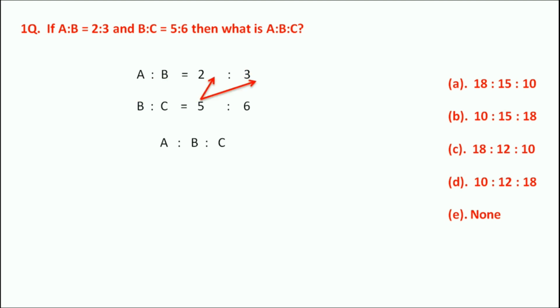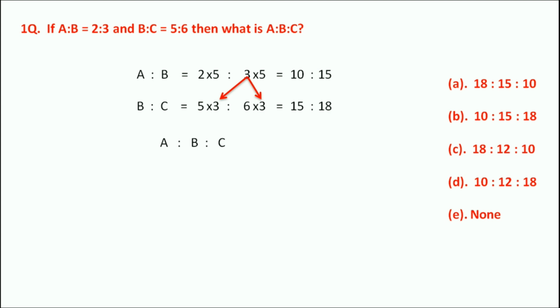That is, multiply both the sides of the first ratio with 5. 2 5s are 10. 3 5s are 15. Then the first ratio becomes 10:15. And multiply both the sides of the second ratio with 3. 5 3s are 15, 6 3s are 18.